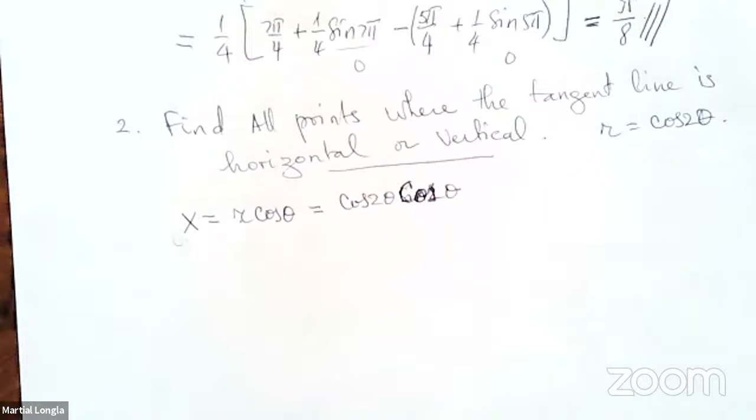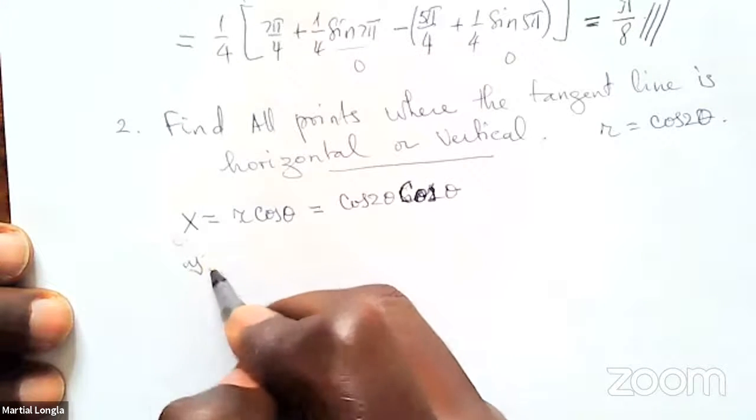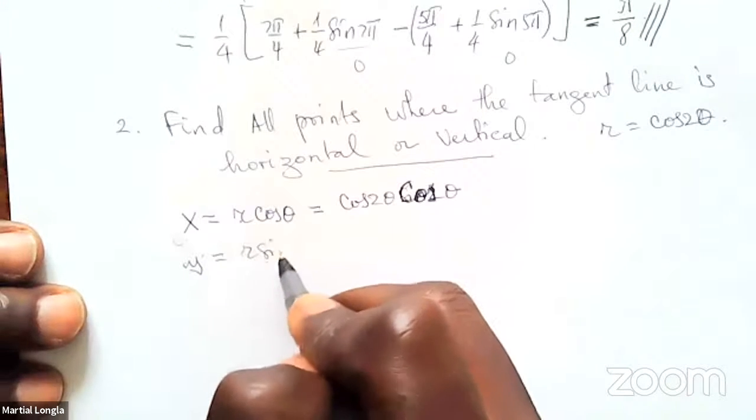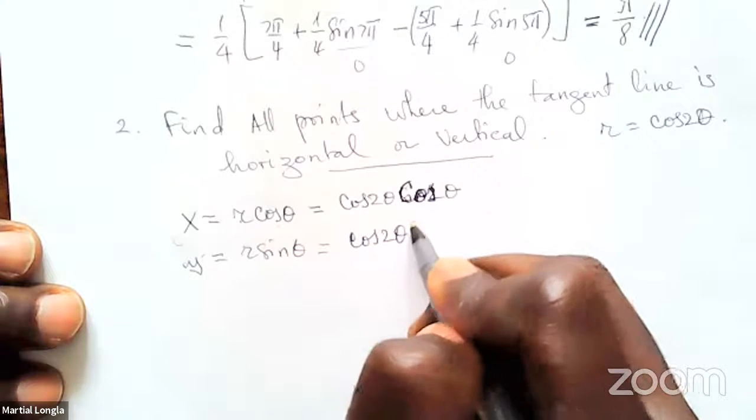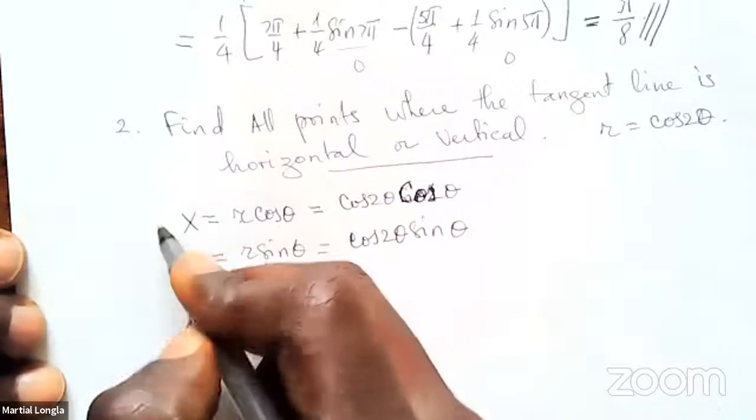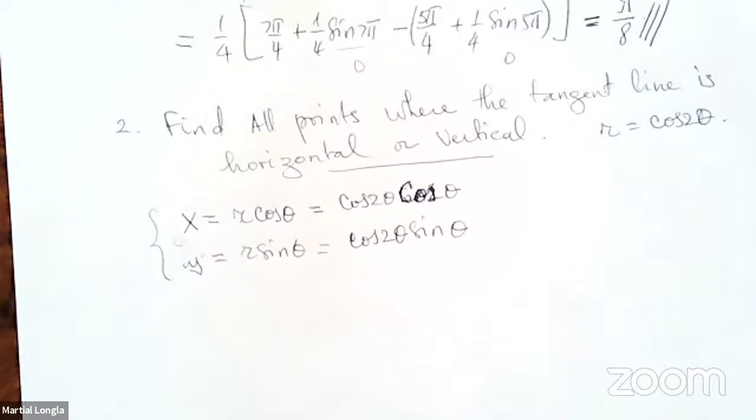And y is r sine theta. R is cosine 2 theta, times sine theta. So this is the parameterization that you would have for that curve.